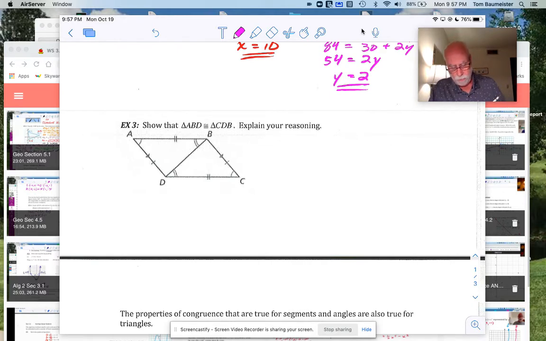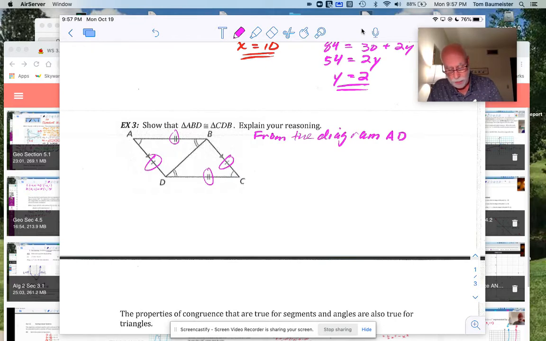Well, in this case here, they mark these two here, right? So we know that those two have to be equal. So let's say from the diagram, you can tell me that AD, oh yeah, let's look at this one here and this one here. So those tick marks are the same, right?